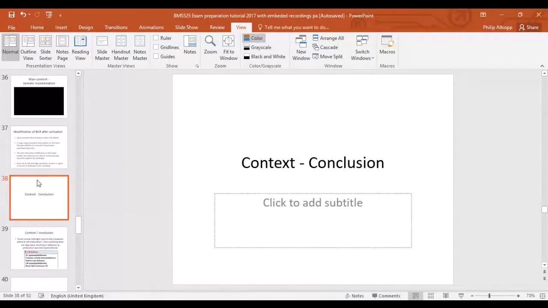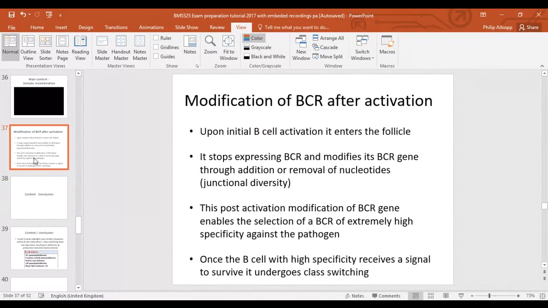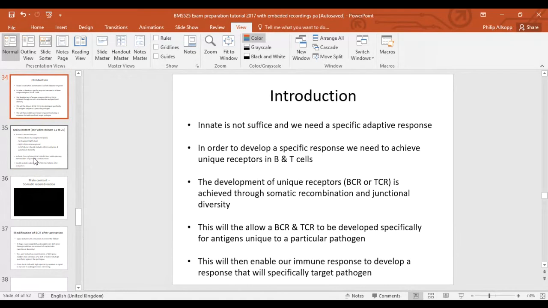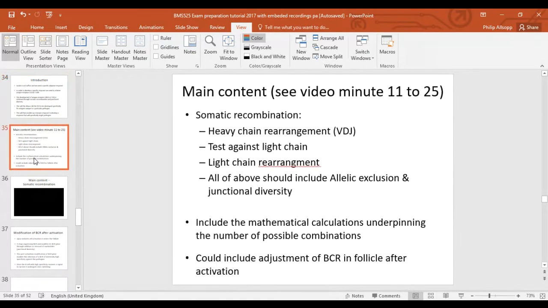So don't forget, folks, tonight is about trying to educate you on what's required in the essays, as opposed to the general detail of essays rather than critical detail, which you can pick up from the videos. So again, just to highlight, the main content is give an overview of heavy chain rearrangement, talk about the fact that it needs to be tested against surrogate light chain, give an overview of light chain rearrangement, including the processes of allelic exclusion and junctional diversity.